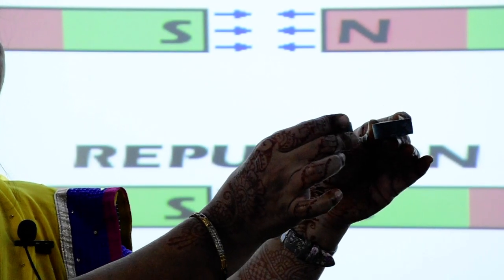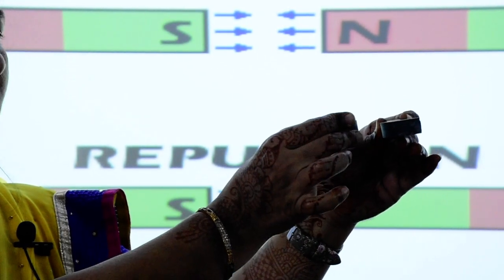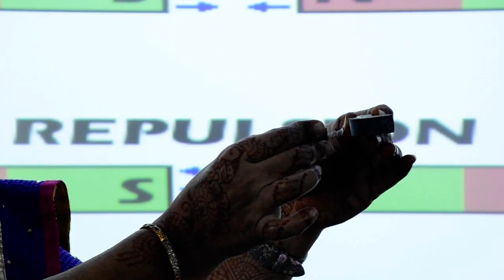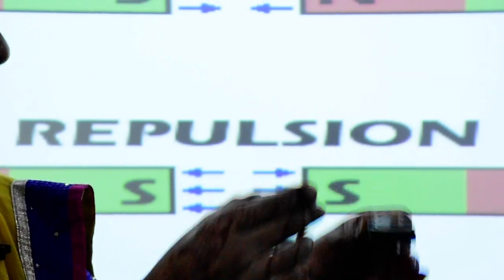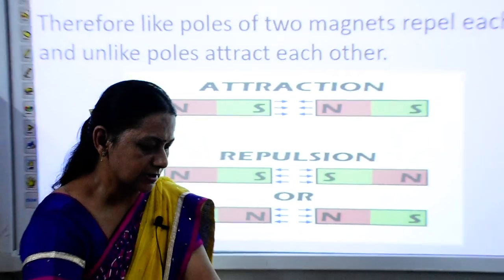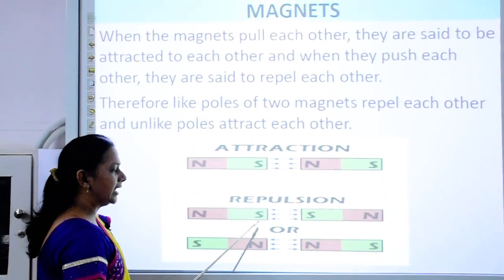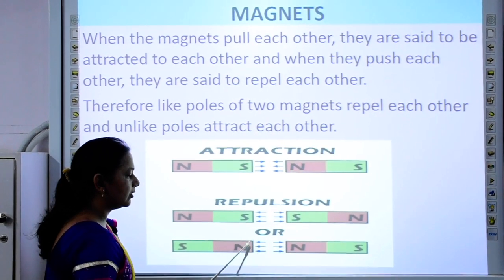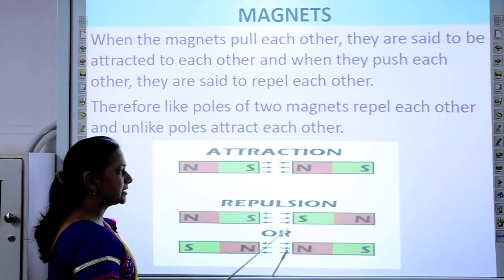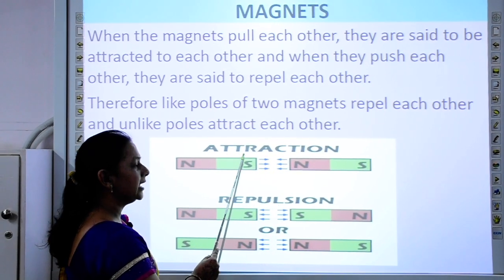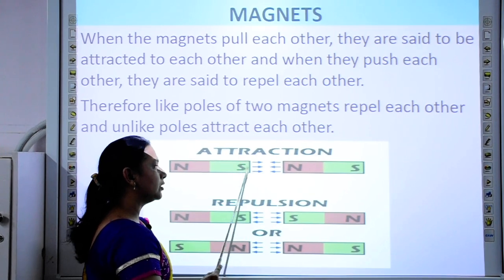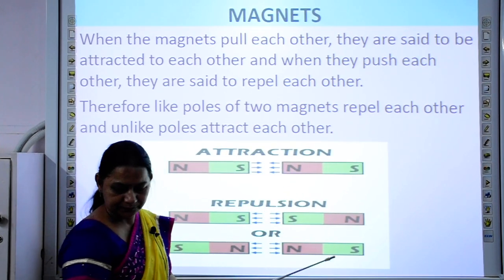See, they are repelling each other. They are not attracting, they are repelling or pushing each other. So, these are the like poles. From here we can see like poles repel each other whether it is south-south or north-north. But unlike poles attract each other, they may be south and north.